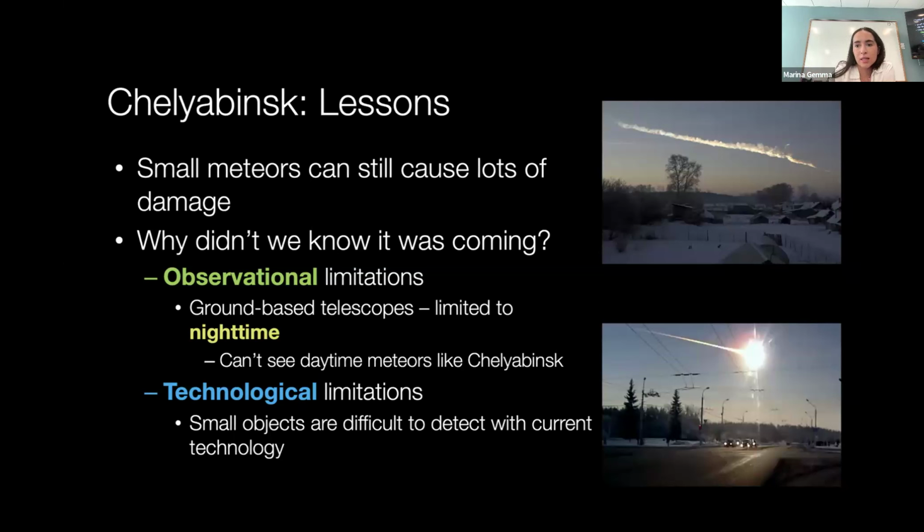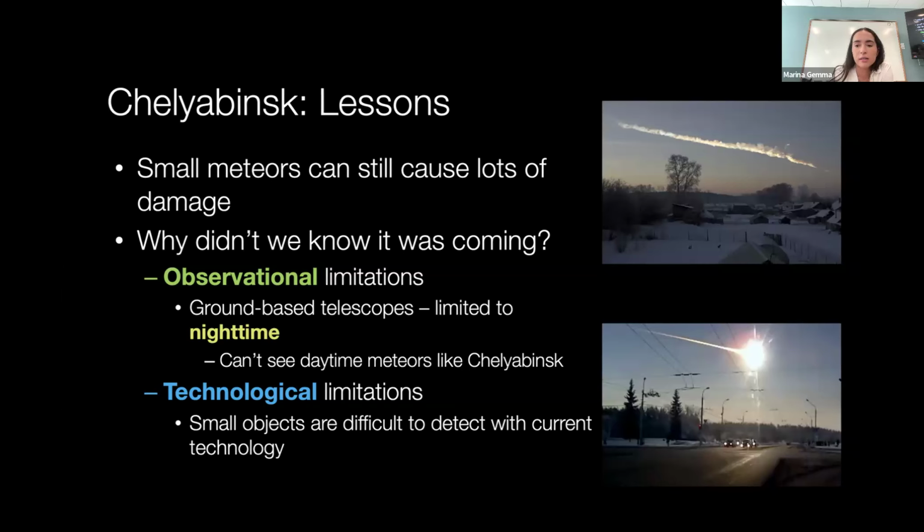So one of the things that made this one difficult is that our telescopes are limited to nighttime observations, right? They can only look in one direction. But Chelyabinsk was a meteor that came from the daytime side. And so there's no way, even now, that we could detect something like this. And so daytime meteors remain an ongoing challenge for scientists.